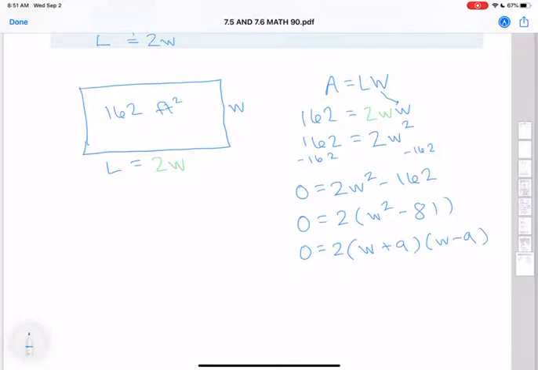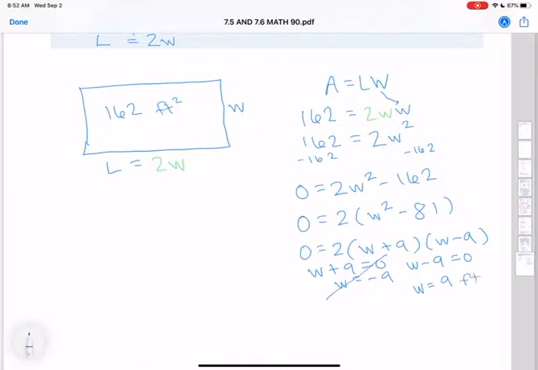I go ahead and solve. If I did W plus 9 equals 0, I'll get W equals negative 9. Does that make any sense to have a negative width? It doesn't, so I'm just not even going to worry about it. But over here, W minus 9 equals 0. This would mean that my width is 9 feet.